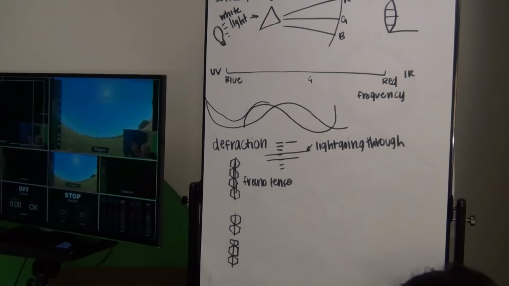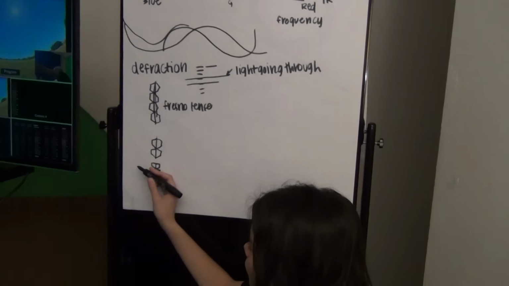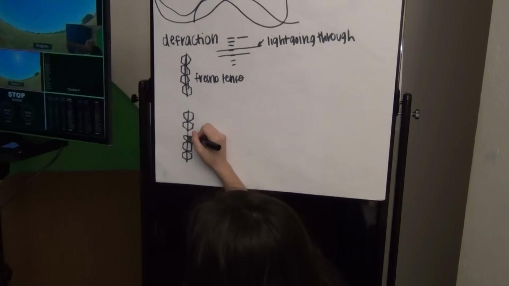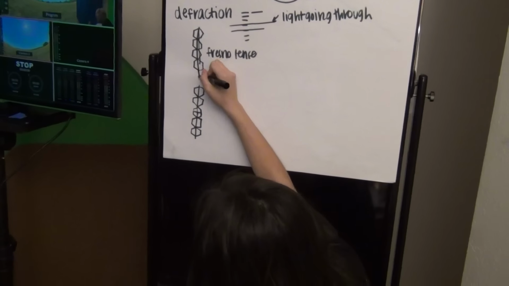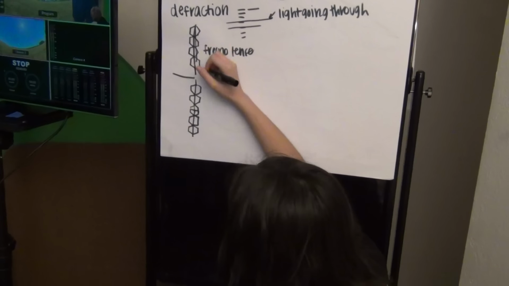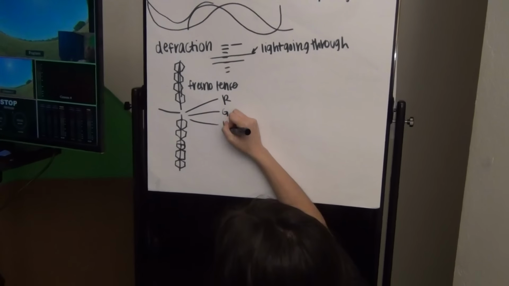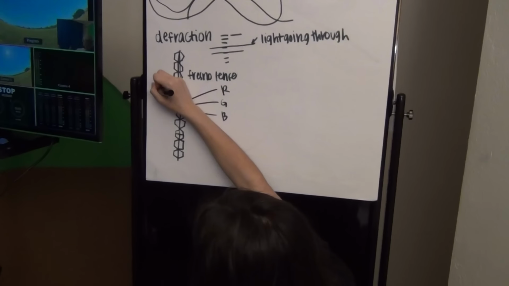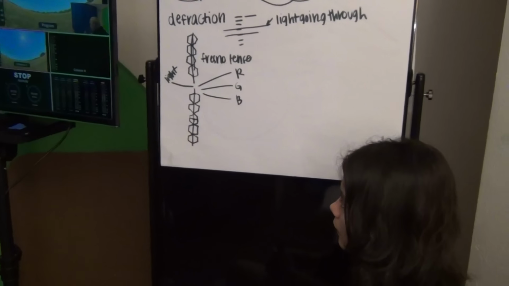Okay, now put light through the top slit. That's white light going through, but as it comes out, it's going to be diffracted and it's going to come out RGB. So now we've done something with the light, okay?